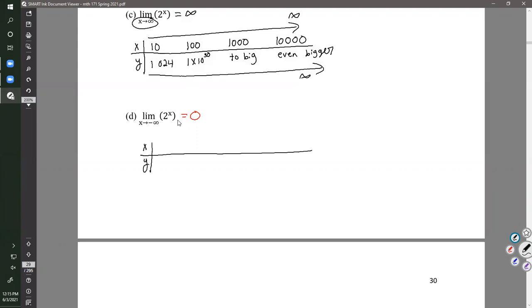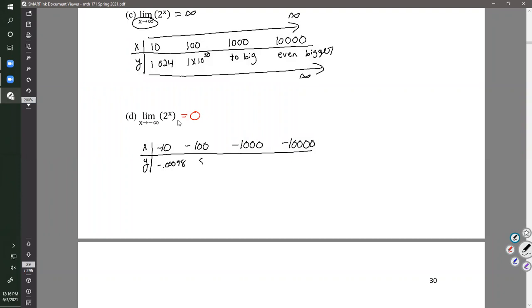So x, y. Look at maybe negative 10, negative 100, negative 1,000, maybe negative 10,000. And our values, when we plug this in, are negative 0.00098.